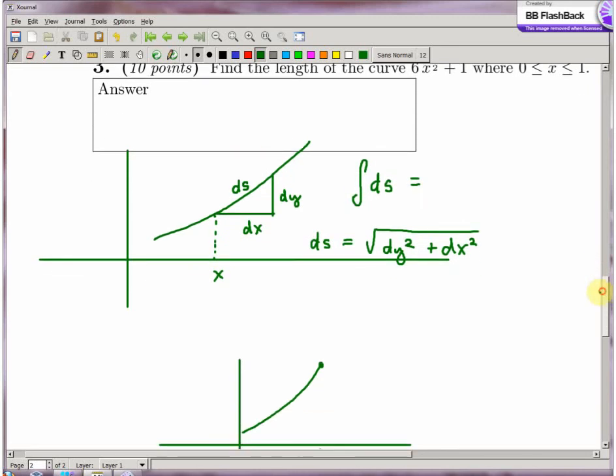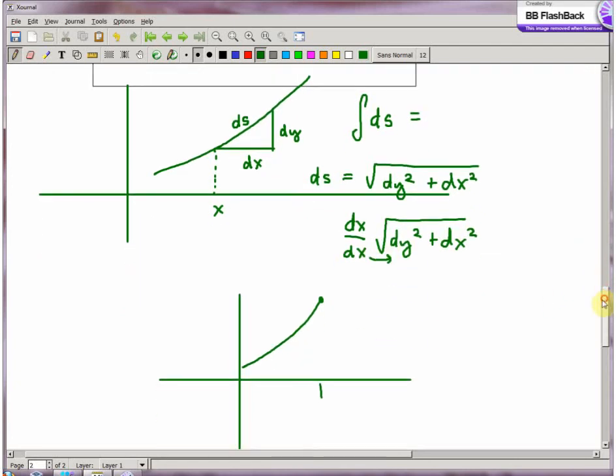Alright, so we want to integrate ds. It looks a little better now, but this is still kind of weird. You can make it seem less strange by multiplying in dx over dx into the root. If you'd rather do dy over dy, you can do that too. Now this bottom dx is going to go inside the radical on a mission of destruction. When it goes inside, it becomes a square, and you've got dy squared over dx squared.